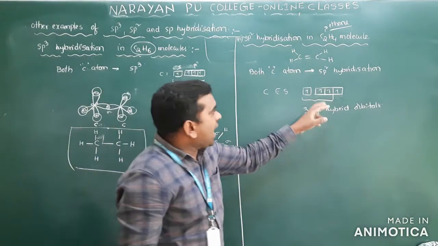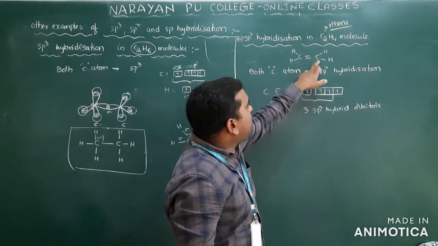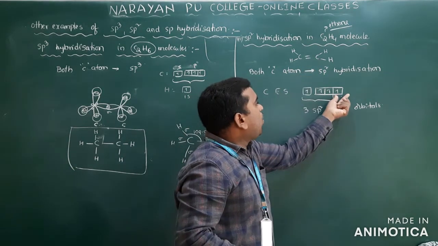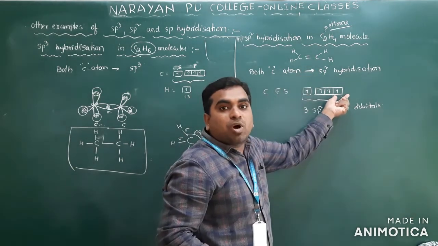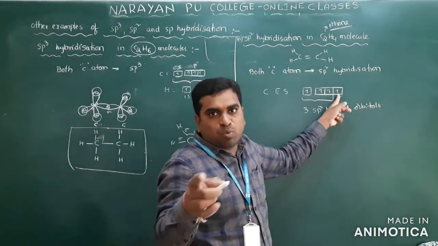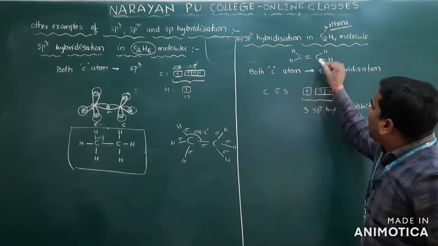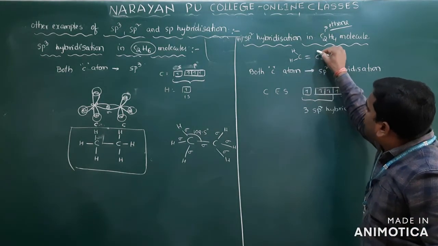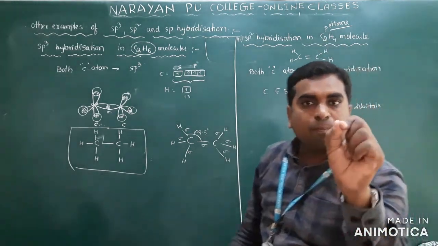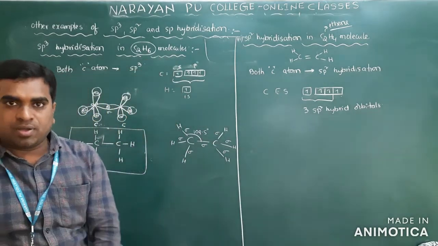Here one pi bond has to form, so one unhybridized, or simply pure, orbital should be present. One carbon has one unhybridized orbital, another carbon also has one unhybridized orbital, and they are involved in the formation of the pi bond. Got my point here?